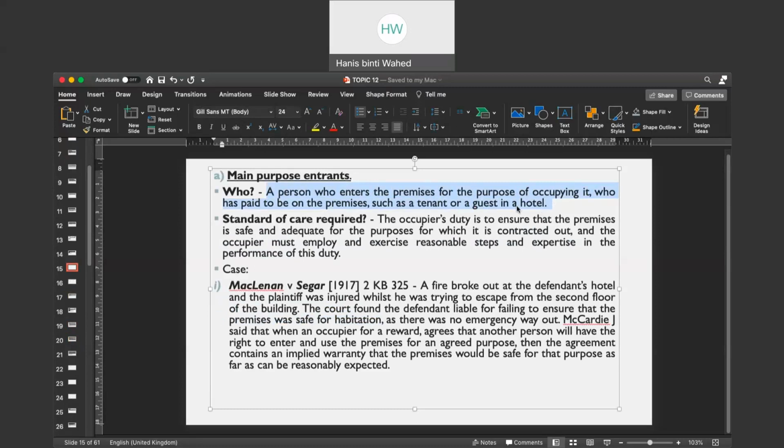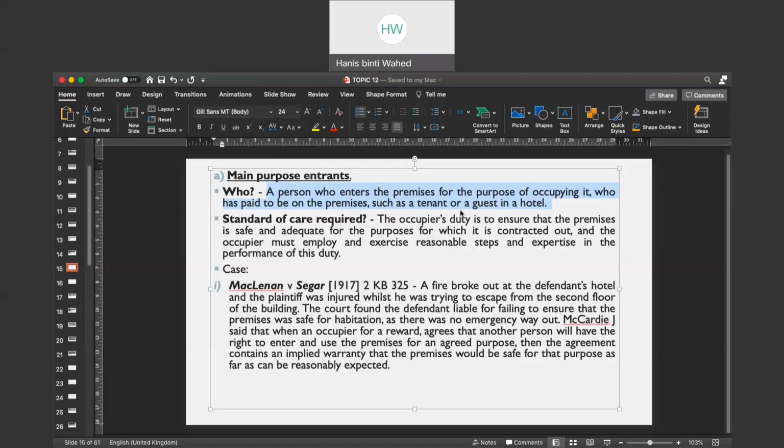So a person who entered the premises for the purpose of staying in it. They have paid a lease or certain payment to stay in the house or the hotel.